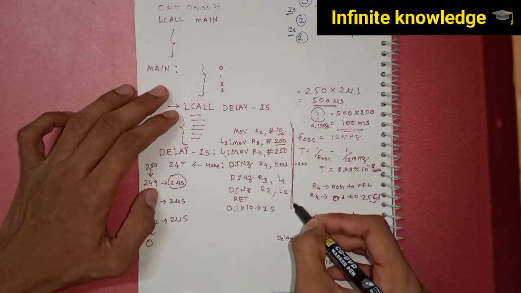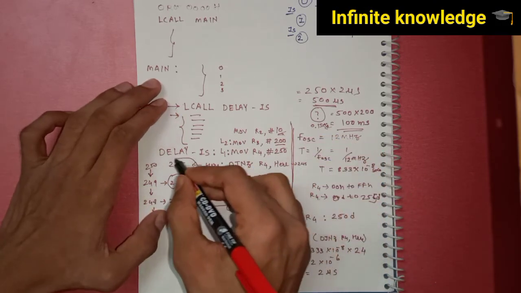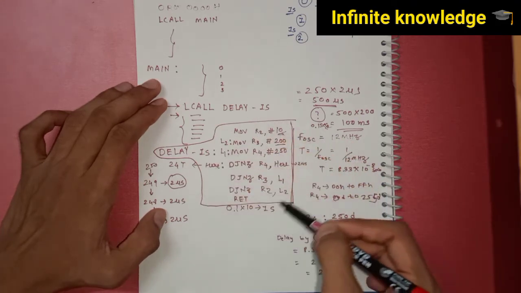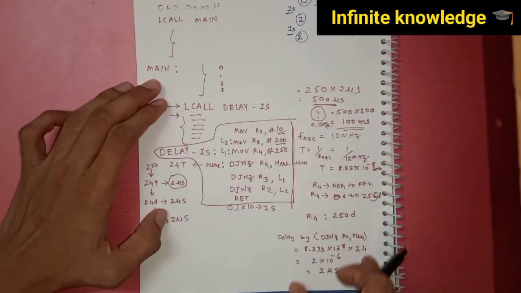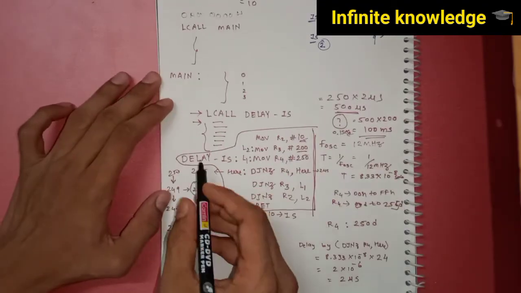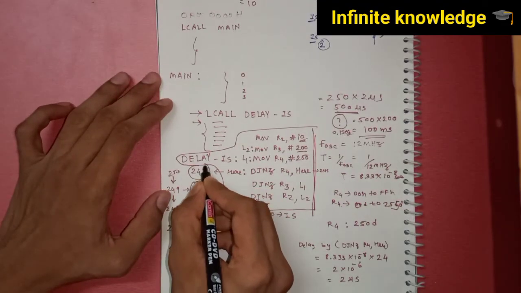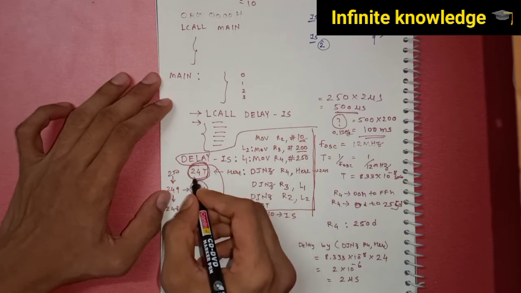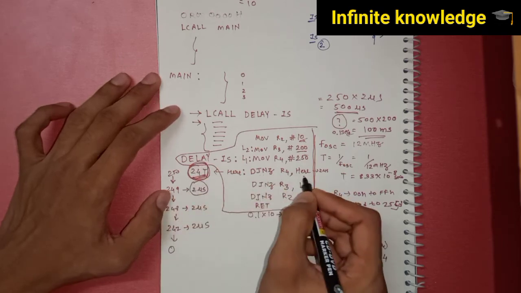If I make a box, this is the main program that we have to concentrate on. This is how you have to check, this is the simple way, and you first have to check what a T state is. If you don't know, you can go to Google, which will show you what the T state is for the instruction.